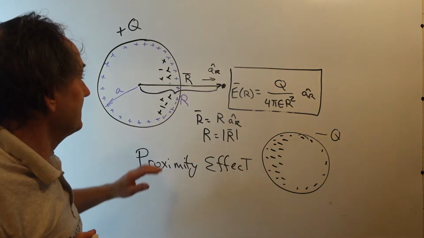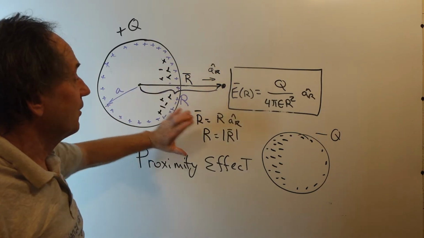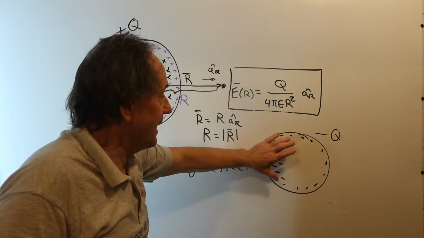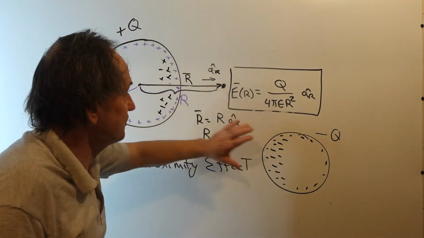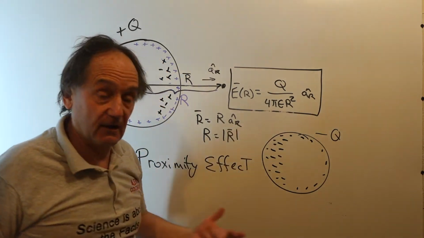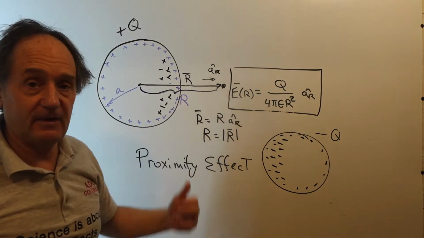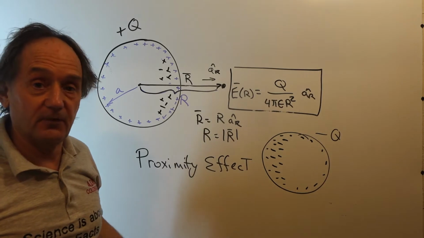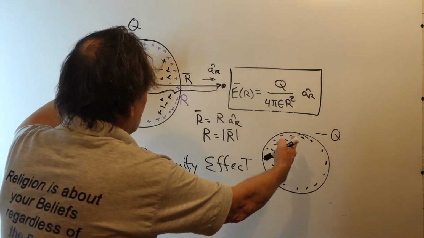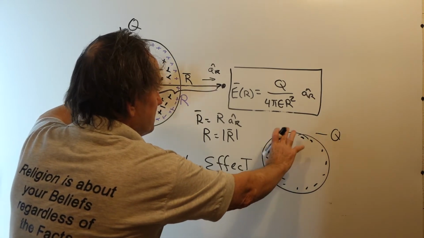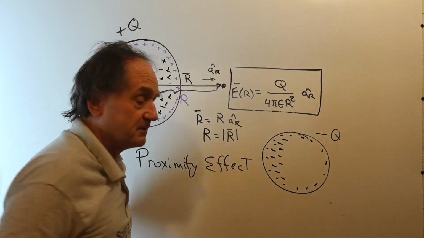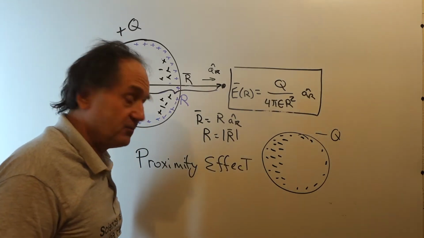But if somebody knows how to determine the mathematical redistribution of the charges due to proximity effect, I'd like to know that. I've been looking at that and I haven't quite got it figured out yet, but if somebody out there knows how to calculate this redistribution of charge as a function of separation distance due to proximity effect, I'd like to know how to do that.